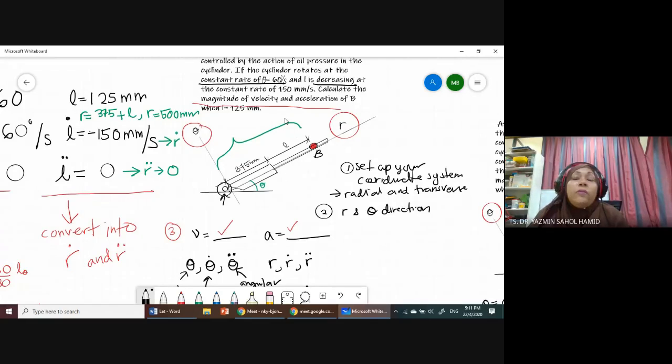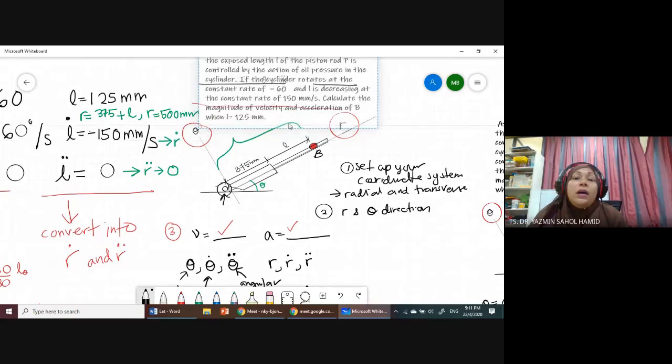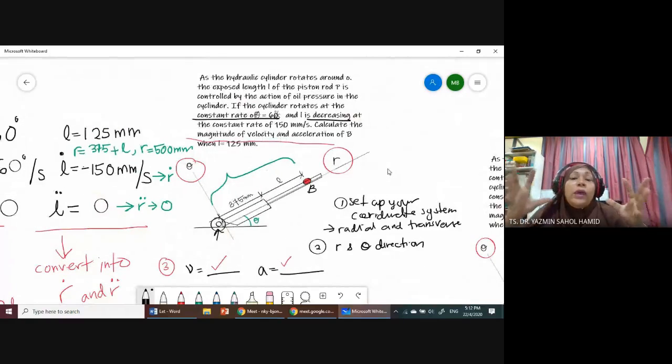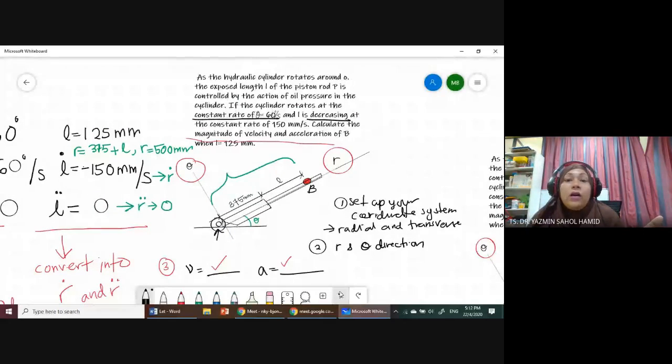And number three, whatever parameters are given in the question, you need to extract those values and interpret them into the equation.